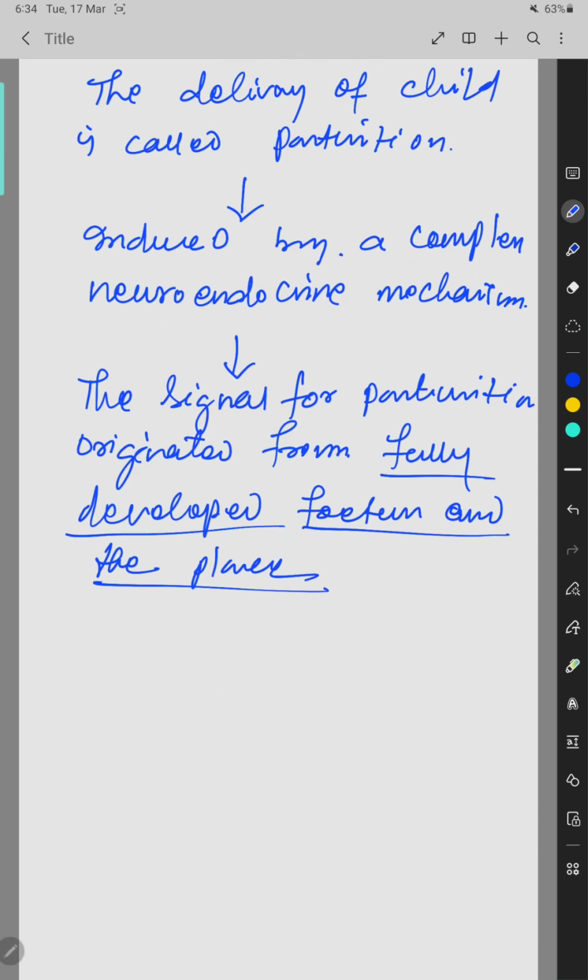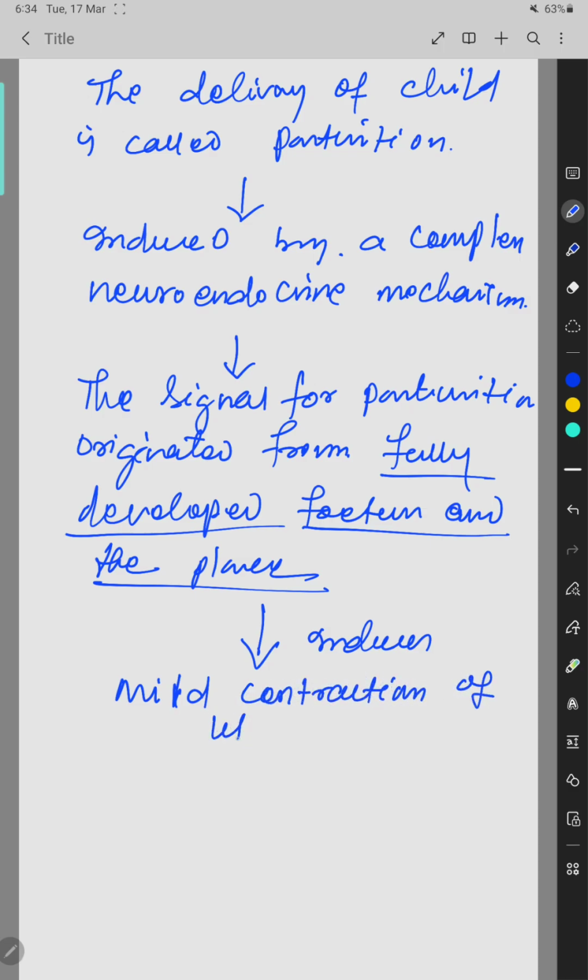Okay, and it induces mild contraction of uterus. Okay, and this mild contraction is known as fetal ejection reflex.